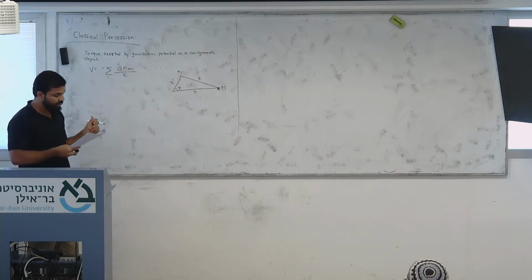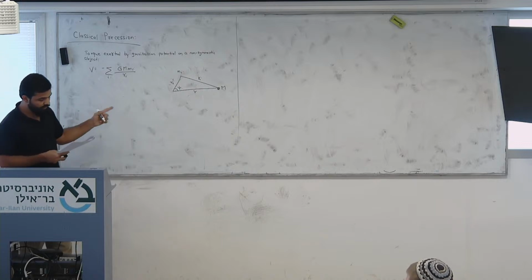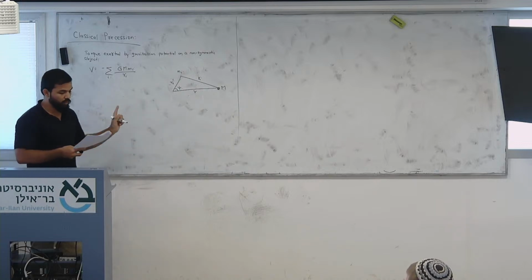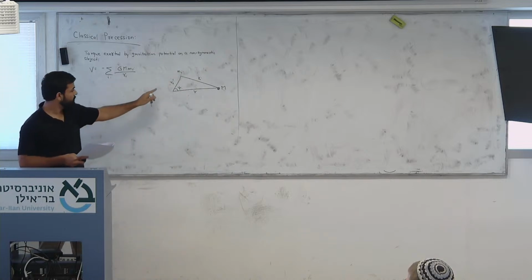The statement reads: consider a rigid body that is viewed as a collection of point masses mi located at distance ri prime from the center of mass. So this is the distance.